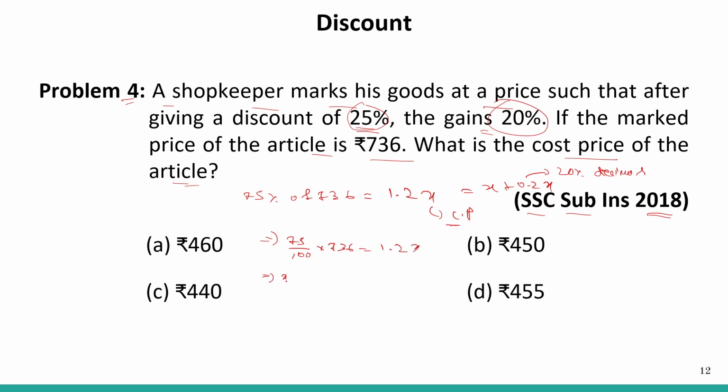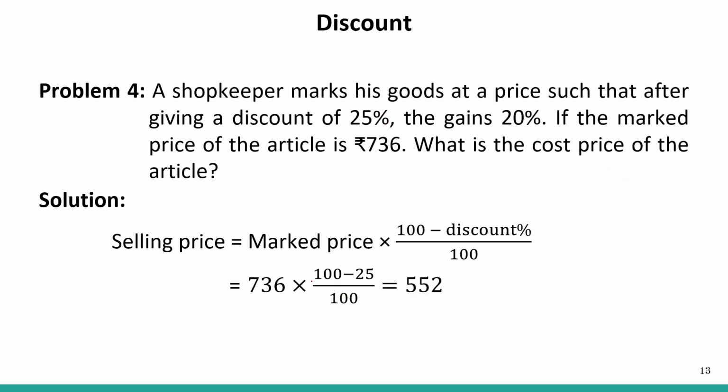So this implies that x is equal to 75 by 100 into 736, into 10 by 12 in the numerator. Okay, so what we are left with is 75 into 736 by 120, that is equal to nothing but 460.